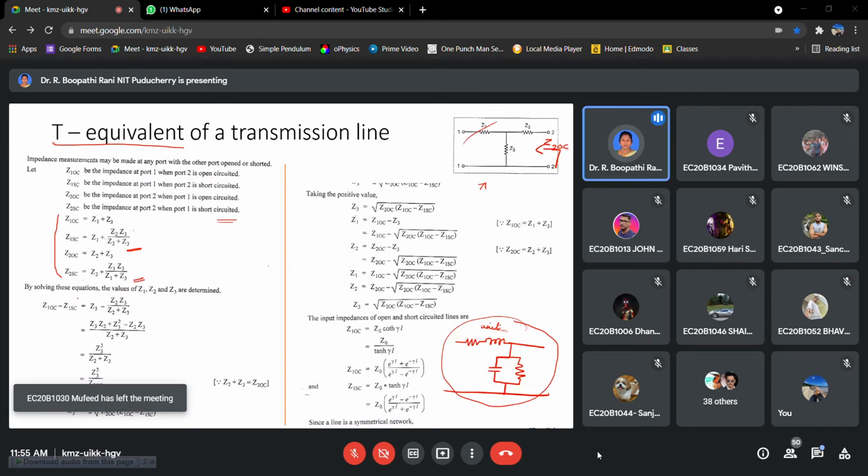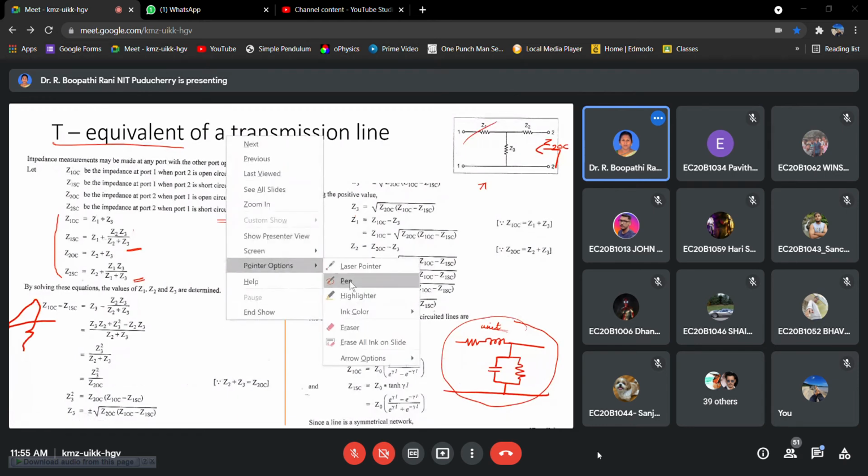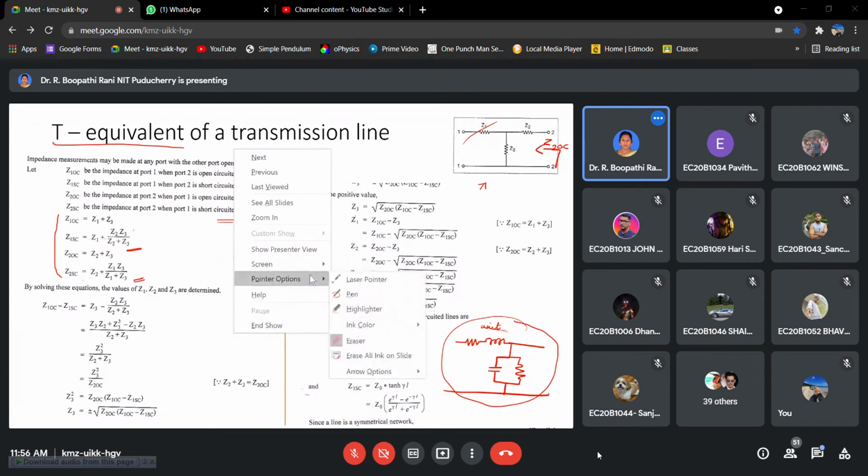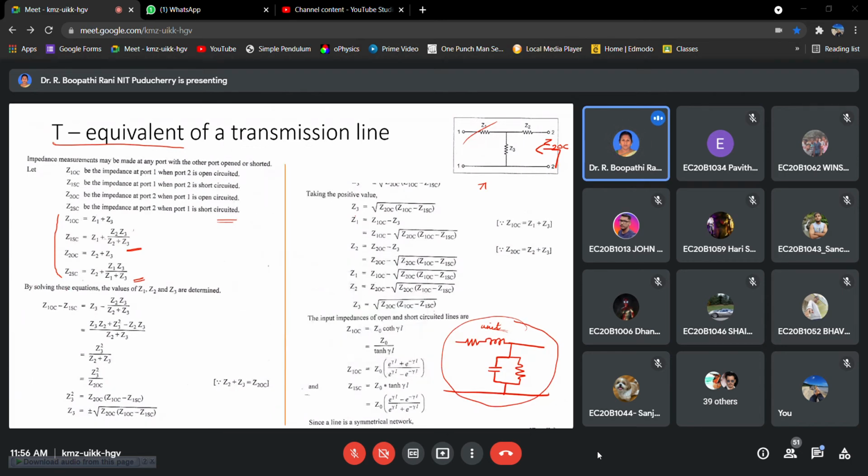Now, we have written the equations for open circuited and short circuited impedances in relation with the T equivalent of a line. So, we need to solve these equations to get the expression for Z1, Z2, Z3.